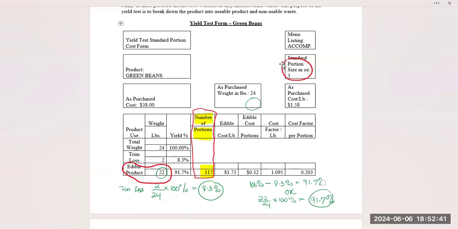Same thing right here. So this 22 is in pounds, 22 LBS. But this one here is in ounces. But you know that 1 pound is equal to 16 ounces.